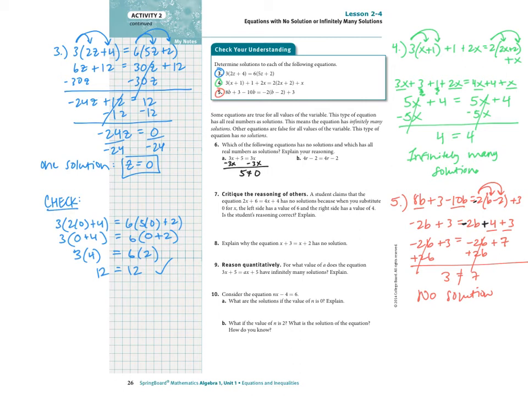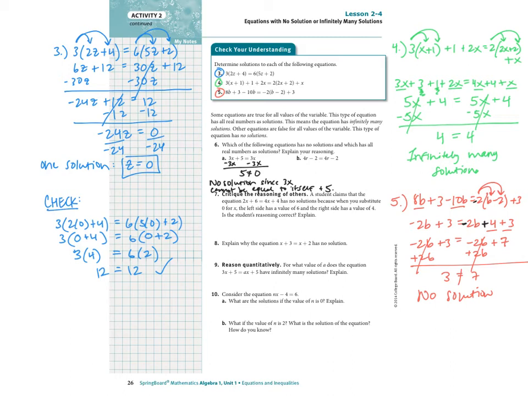So for me, I'm going to say it's no solution since 3x cannot be equal to itself plus 5.